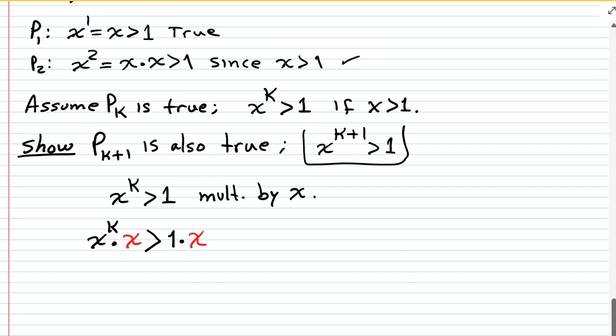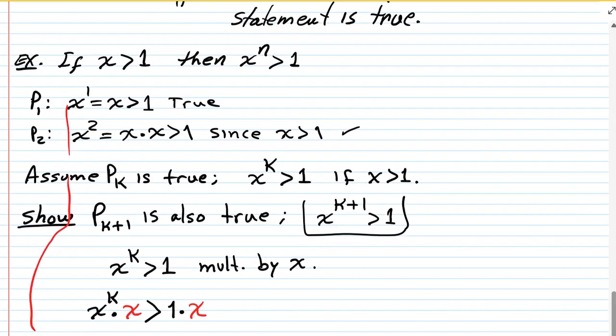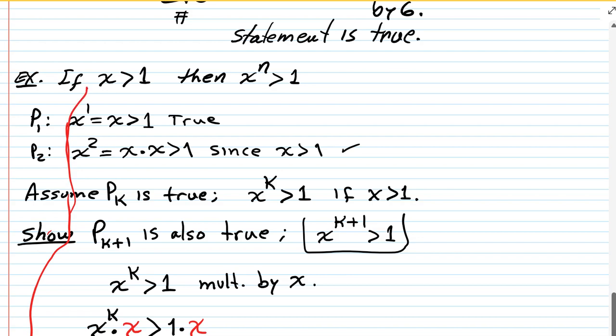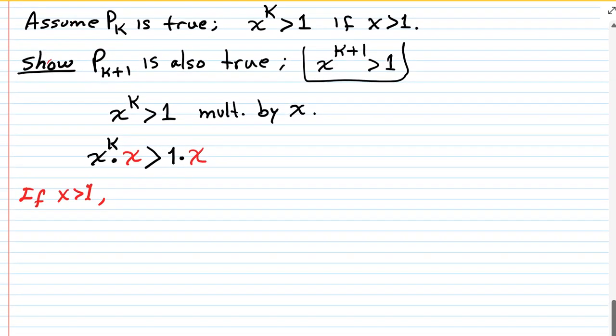Now, x is greater than 1, which we were told in the beginning. Then we can write x to the k plus 1, that's when you multiply these two together. Therefore, that's going to be greater than x, because 1 times x is x, right?